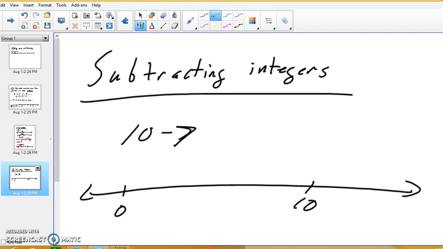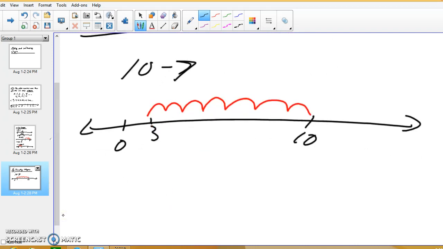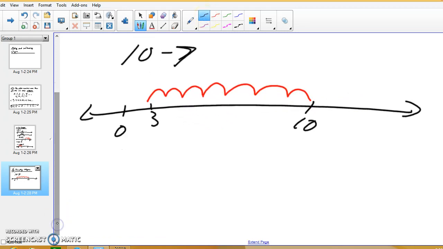So for 10 minus 7, we would go over 7: 1, 2, 3, 4, 5, 6, 7. That takes us to 3. So again, just intuitively, if addition goes to the right, subtraction goes to the left. Again, this is nothing too complicated, but now what happens when we subtract a negative number?